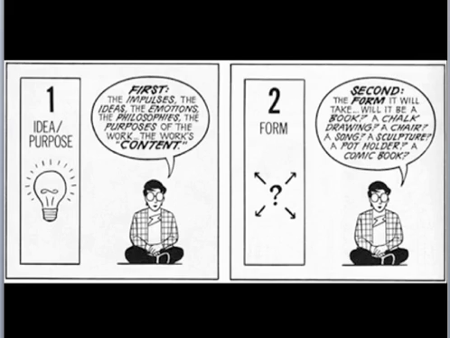So Scott opens with idea and purpose: the impulses, the ideas, the emotions, the philosophies, the purposes of the work, the work's content. Second, the form. Will it take the form of a book, a chalk drawing, a chair, a song, a sculpture, a potholder, a comic book?